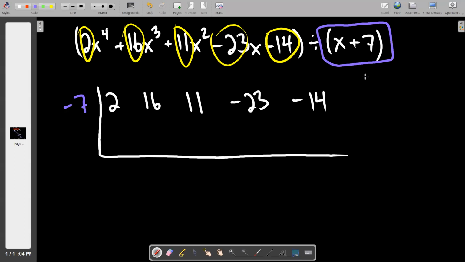Look at my purple arrow. If I change that x into negative 7, what would negative 7 plus 7 be? 0. And that's what we're trying to do. So it comes down to just taking the opposite. Since it says x plus 7, a negative 7 will turn you opposite. That's what I'm going to use.